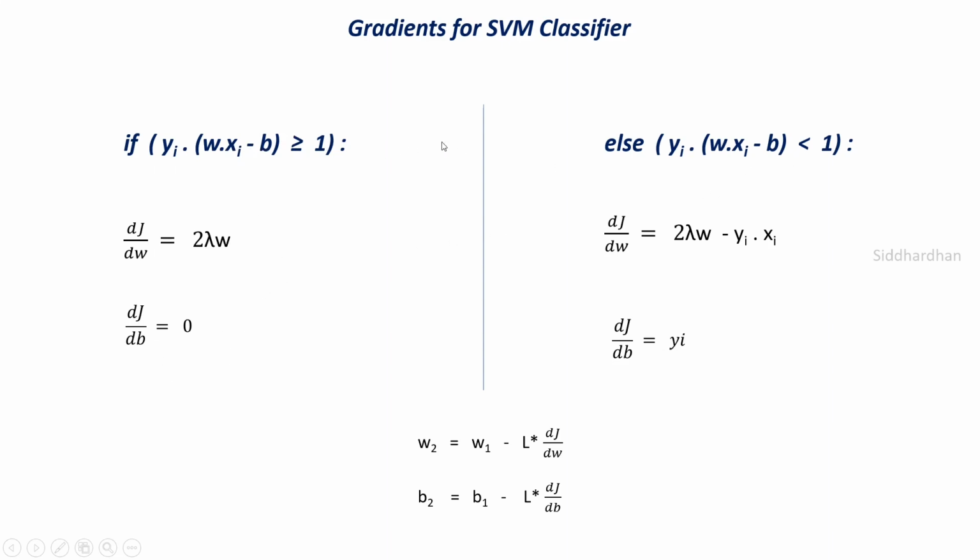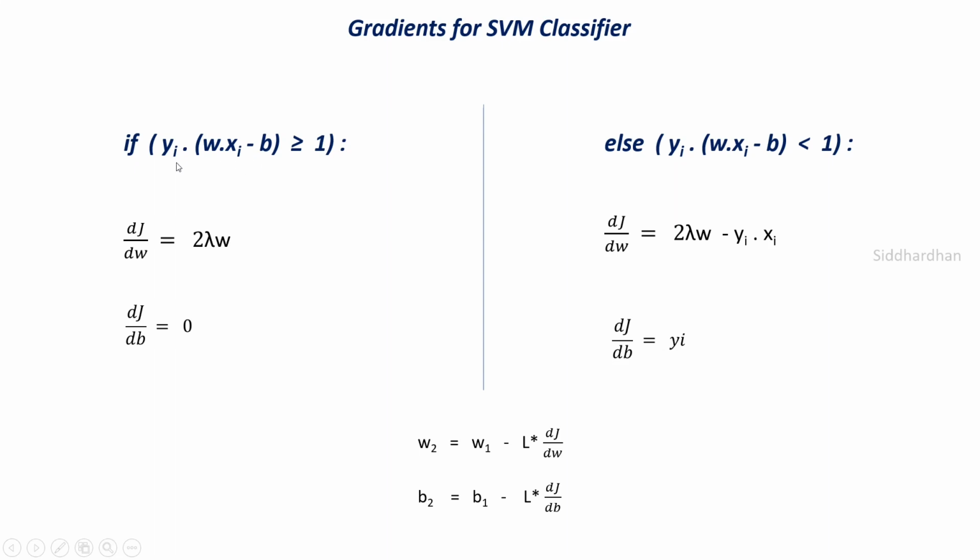Or else, if this condition is not satisfied, the formula will change slightly. So this will be the formula for my dw, and this will be the formula for my db. So we have a condition and two sets of formulas, and now we need to include this condition. yi means the individual y values, which is either 1 or 0, and xi represents individual rows.